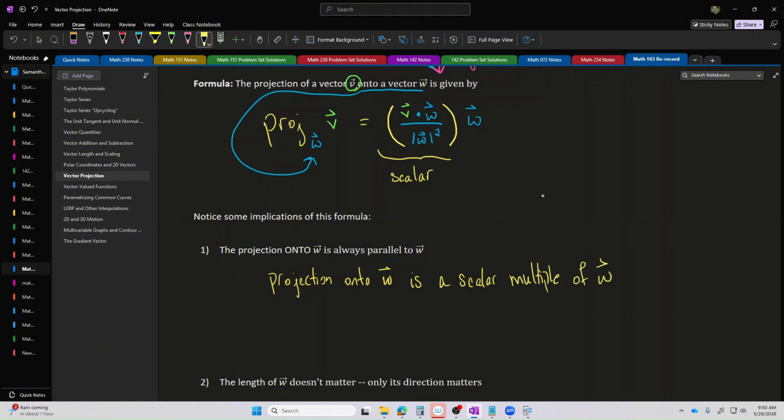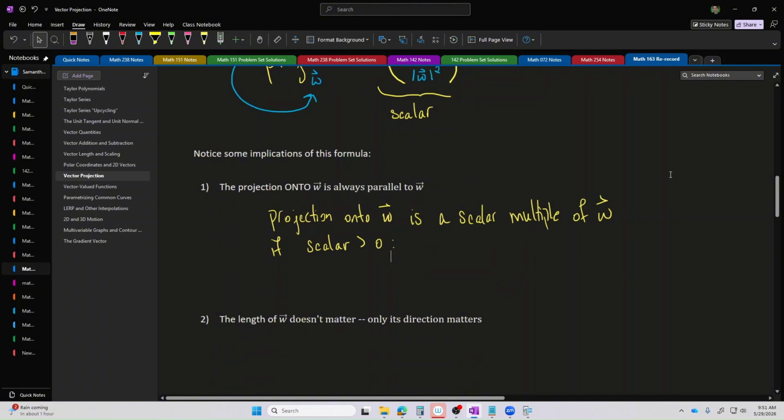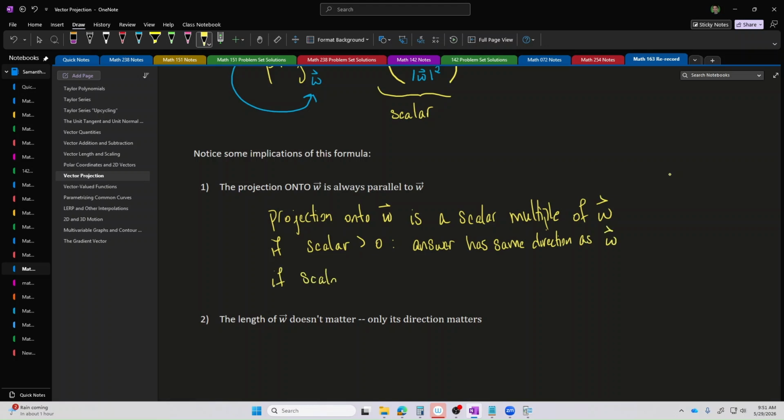And when we scale a vector, there's a limited number of things that can happen, right? If the scalar is positive, then that is going to change the length of w without changing its direction. If the scalar is negative, then that's going to flip w's direction.